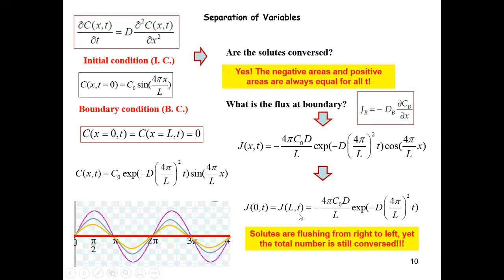And this is what's happening, right? We have non-zero flux at the boundary of this domain, and the magnitude and direction of the flux are identical, the same, right? So it looks like, if I don't care what's going on within this domain, the flux is flushing through the system, so that you still have conservation of solutes. This is what we discussed in the last lecture.